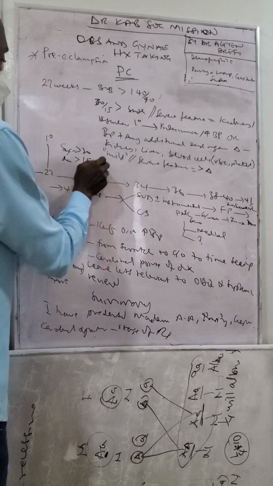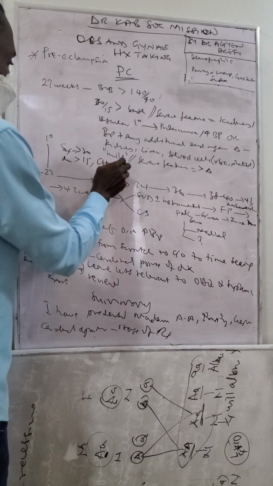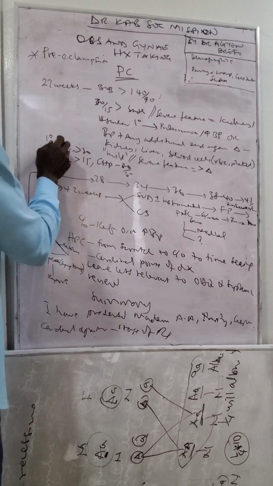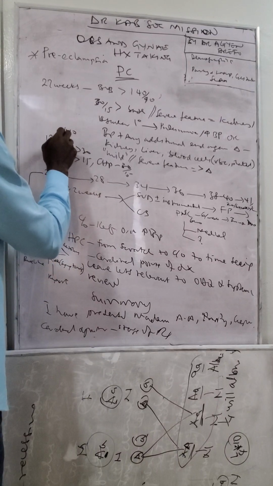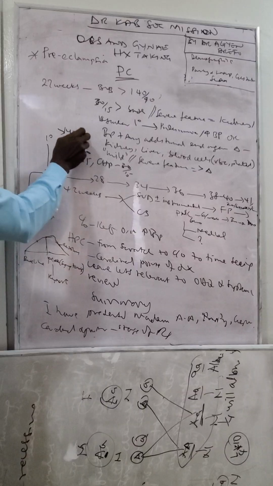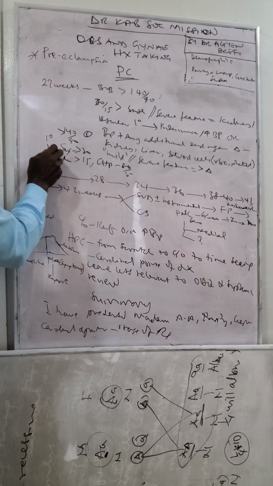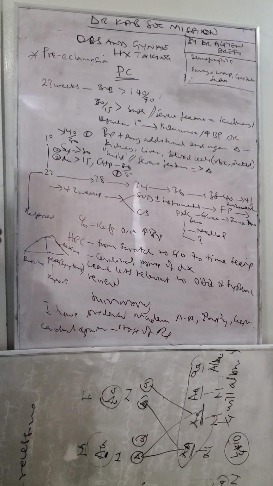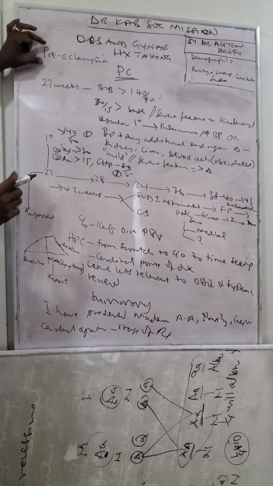Or if the person has chronic hypertension, I see a change of 30, 15. Or if it's not chronic hypertension, maybe the BP is more than 140/90. So I have three points here: 1, 2, and then 3. These are the conditions satisfying my preeclampsia.